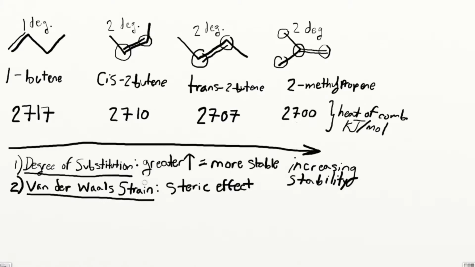So I'm going to draw real quickly two molecules. Let's choose the 1-butene and the cis-2-butene, and let's take a look at them. We had 1-butene and we had cis-2-butene. Okay, so when we're looking for van der Waals strain, what you want to look for are the competing molecules.